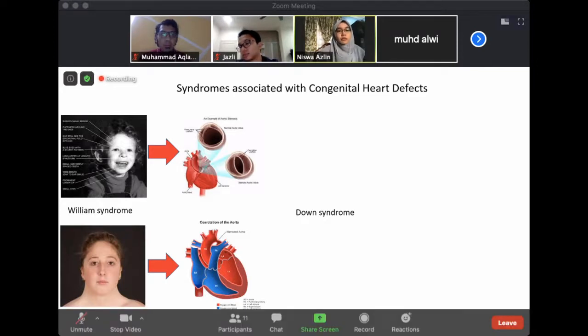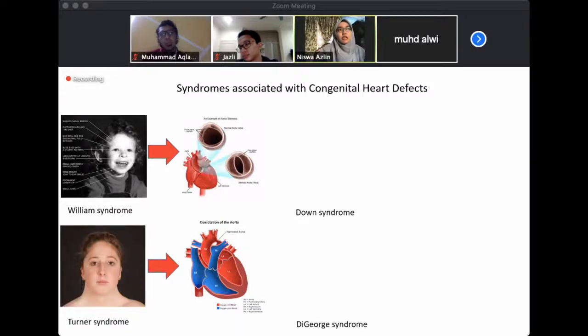In Turner syndrome, we can usually suspect the baby to have Turner syndrome when we see on antenatal ultrasound fetal edema at the neck, hands or feet, or the presence of a cystic hygroma. So these patients we can usually suspect to have Turner syndrome.